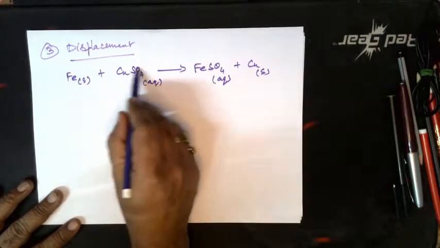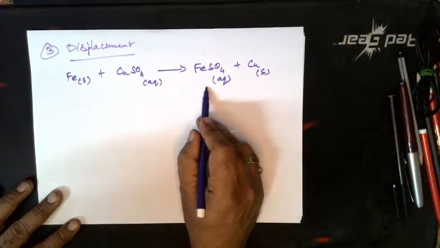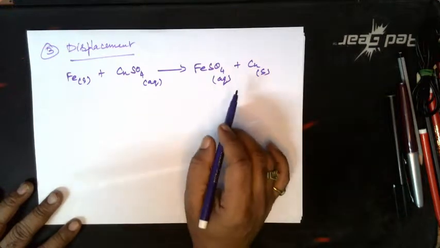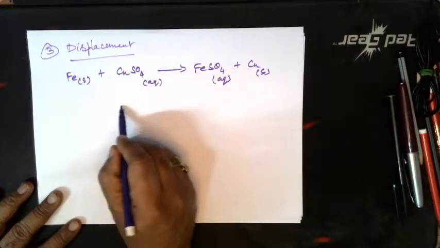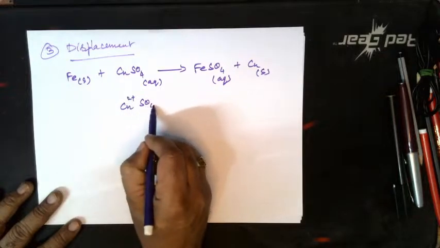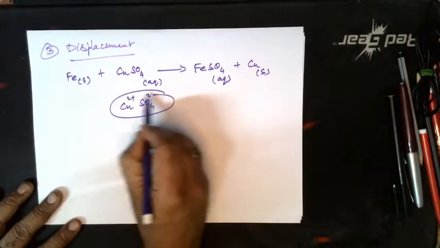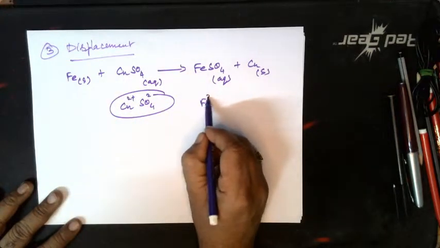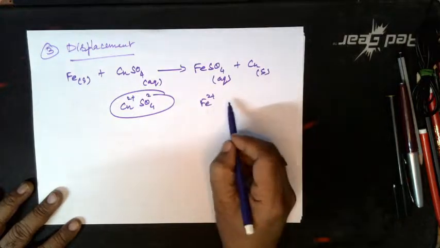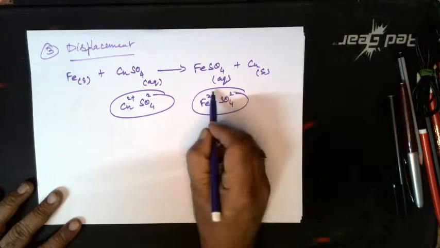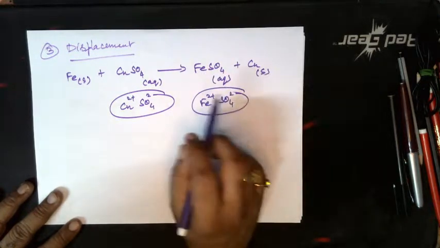So what do you call this one? Copper sulfate. What about this? Iron sulfate or ferrous sulfate or iron 2 sulfate. What are the ions involved here? Copper, what is that? 2 plus, SO4, 2 minus. And that's why you are able to get copper sulfate. In this case, Fe 2 plus, right? And SO4 2 minus. They combine to form iron 2 sulfate. Okay?